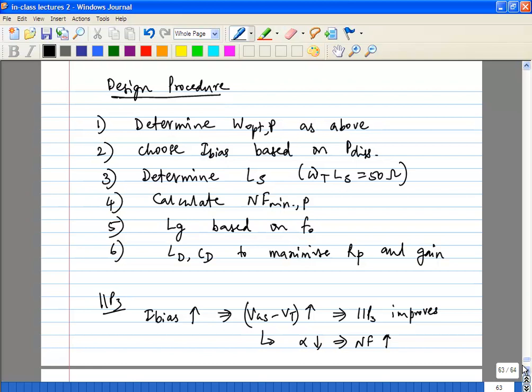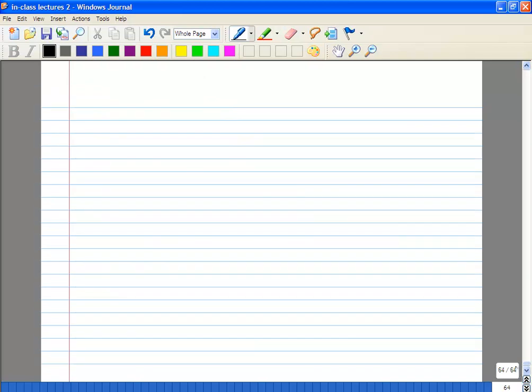Let's see, what else did I want to do in today's class? I guess the other things you can look at are things like current reuse. There are multiple ways to do it. I'll just show you one quick way.